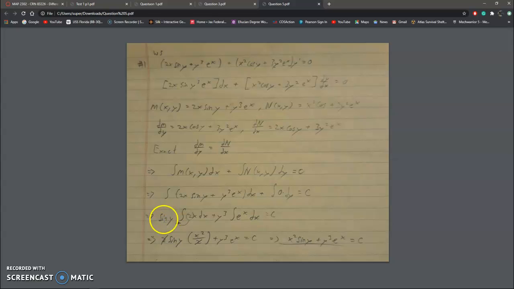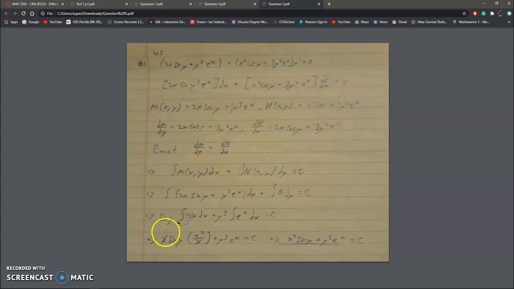So the integral would look like 2 sine y integral x dx plus y cubed integral e to the x dx equals c, which then would equal 2 sine y times x squared divided by 2 plus y cubed e to the x, as e to the x equals itself, so nothing changed there.